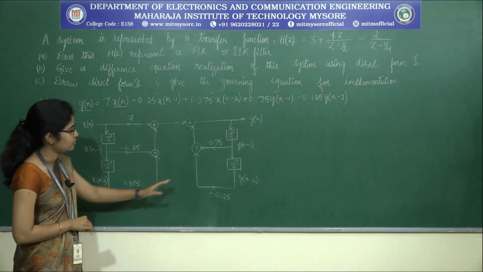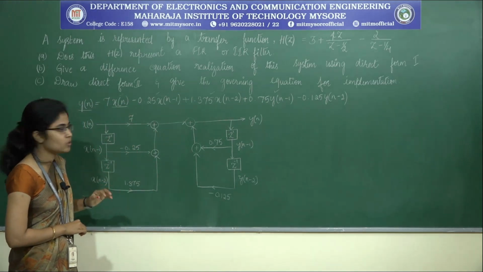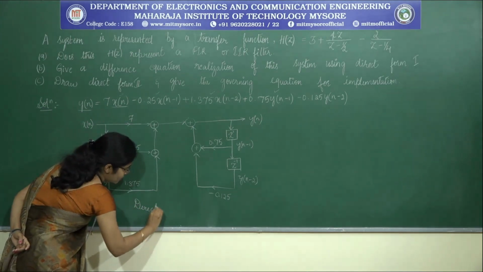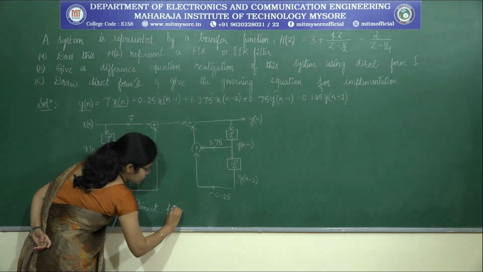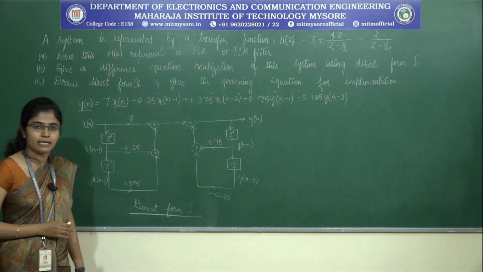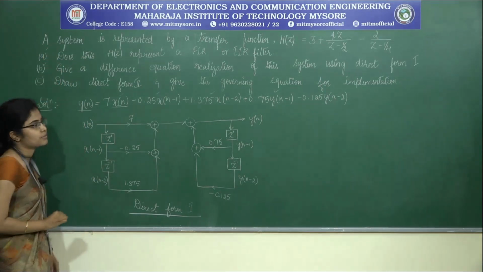Okay. So, did we complete all the terms? Yes, we completed all the terms. So, this is nothing but the direct form 1 realization of the given IIR filter. Okay. We completed the first and second sub questions.